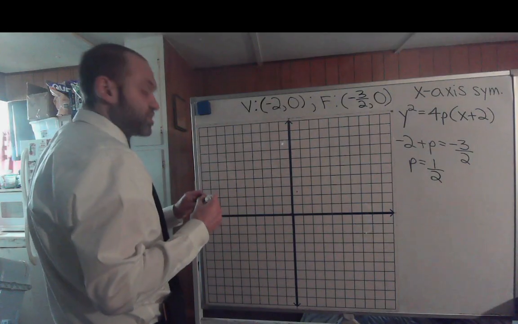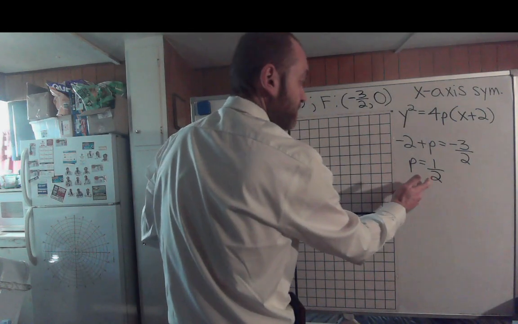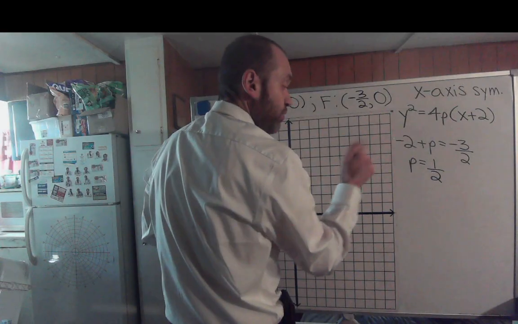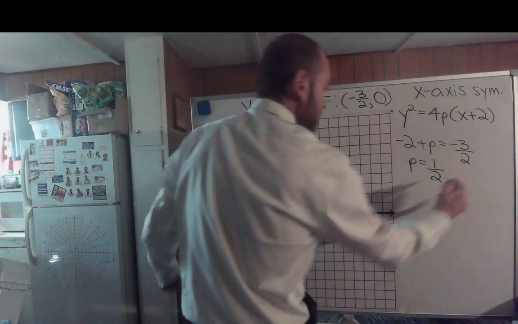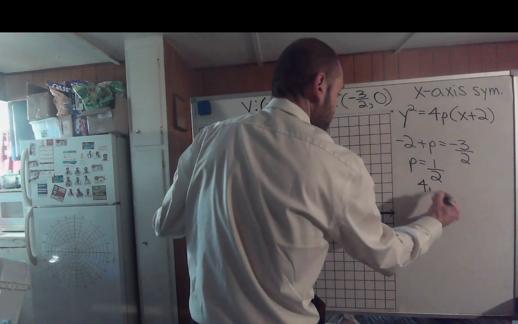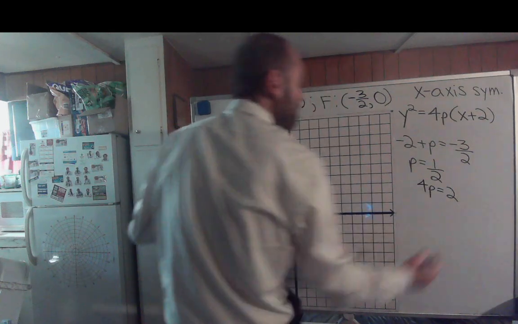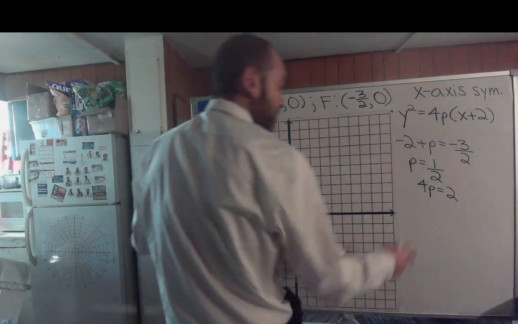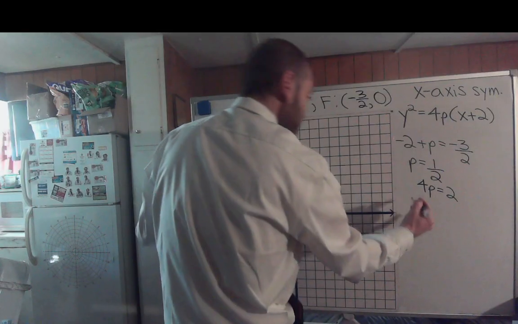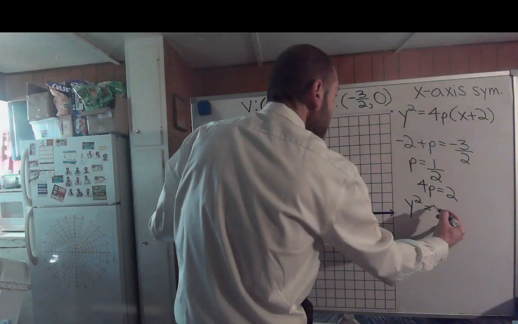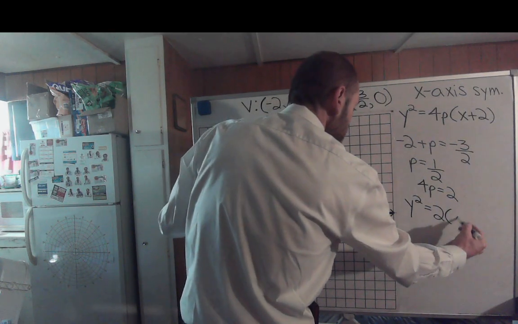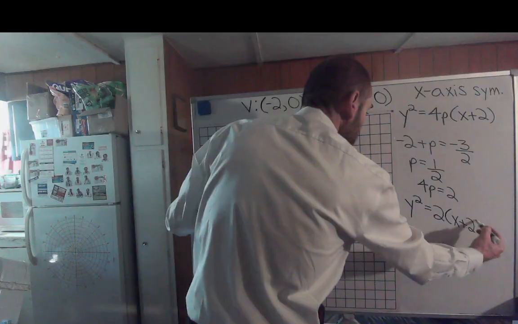And now we actually need to solve for 4p. We solved for p. In order to get the right form of the equation, we need to take 4 and multiply it by p. That means 4p would equal 2. So now once you found your 4p, just substitute that in up here, you'll end up with your final result of y squared equals 2 times the quantity of x plus 2.